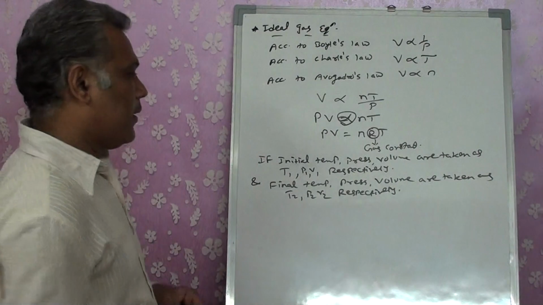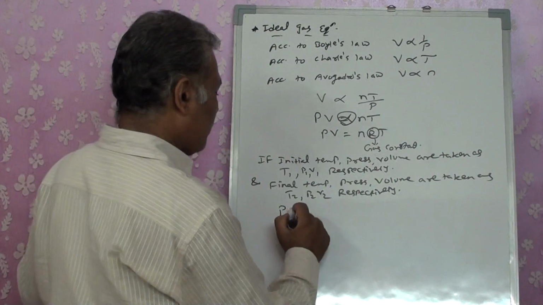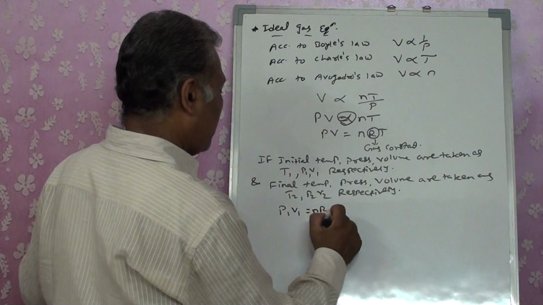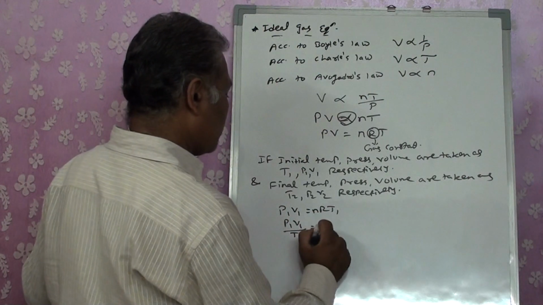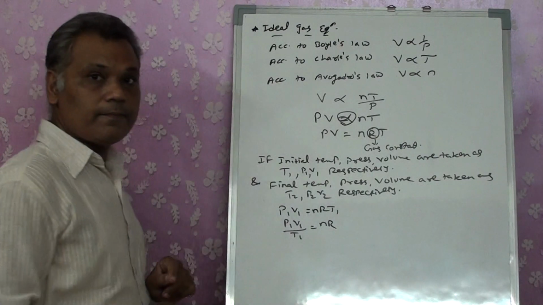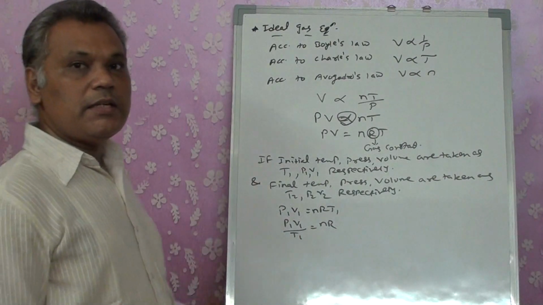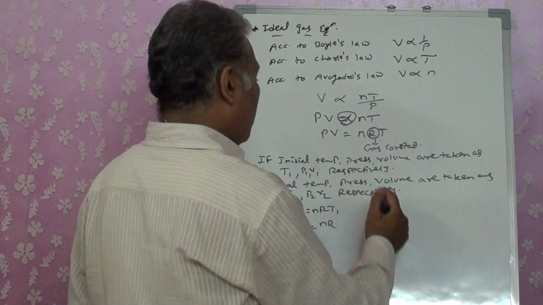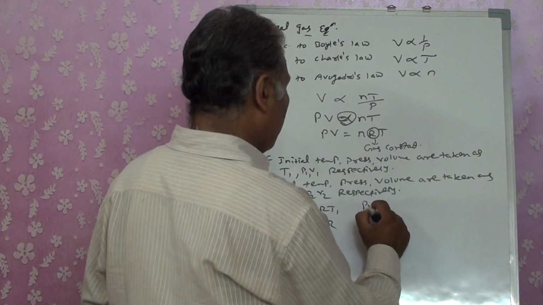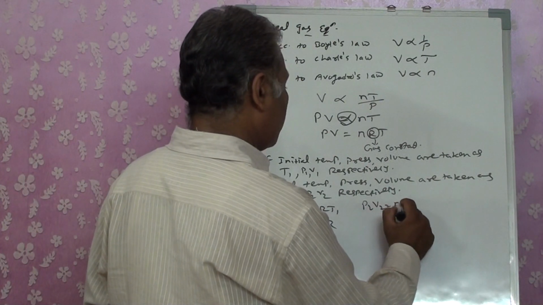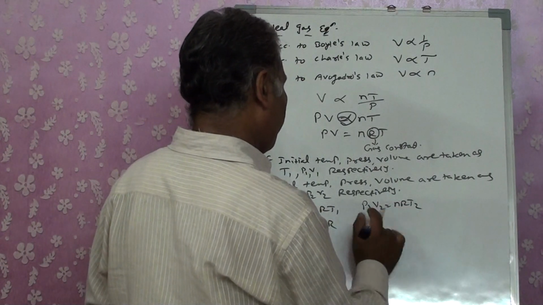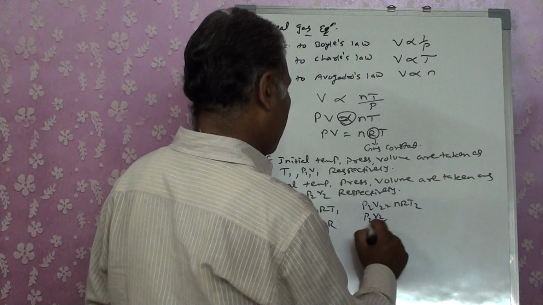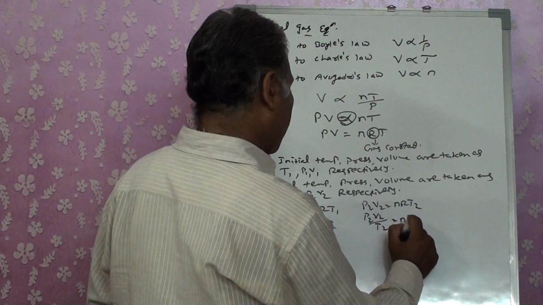Substitute it. Initially we will get P1 V1 is equal to nRT1. That means P1 V1 upon T1 is equal to nR. Right? This is the initial terms. Same way, for the final, P2 V2 is equal to nRT2, so P2 V2 by T2 is also nR.